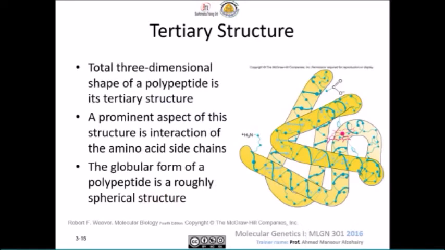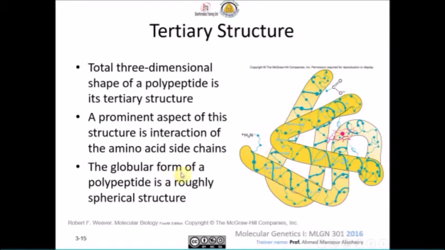Number 3 is the tertiary structure. The total three-dimensional shape of a polypeptide is its tertiary structure. A prominent aspect of this structure is the interaction of the amino acid side chains. The side chain of the amino acid, which we talked about before and call the R group, interacts with other side chains and can result in a globular structure.